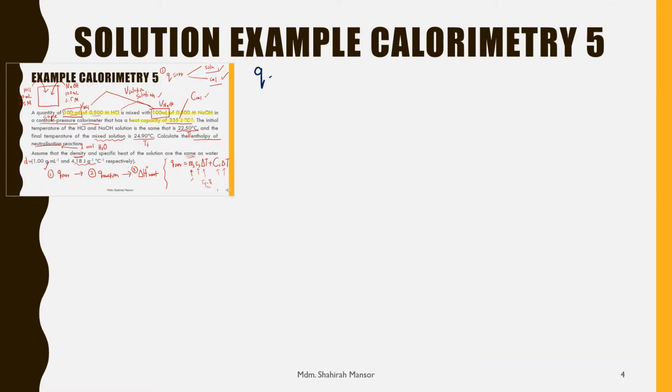Okay. So Q surrounding equals to m solution, c solution, delta T, tambah dengan capital C of calorimeter and delta T. Alright, so to get mass of solution tadi, kita akan dapatkan V of solution equals to 100 tambah dengan 100 ml.